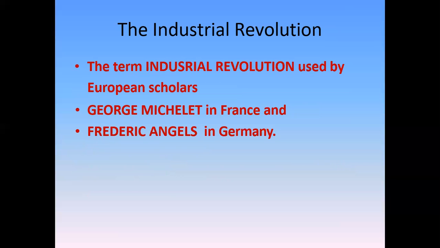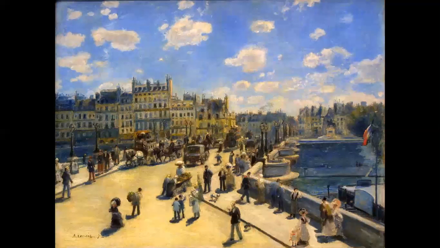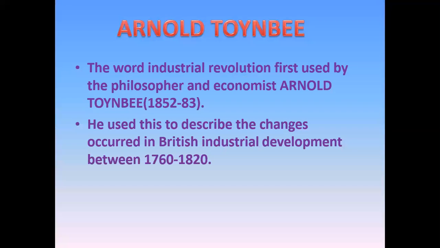The term Industrial Revolution was used by the European scholars Georges Michelet in France and Frederick Engels in Germany. These are a few pictures of that time that show us about the industrialization. Then we learned about Arnold Toynbee.